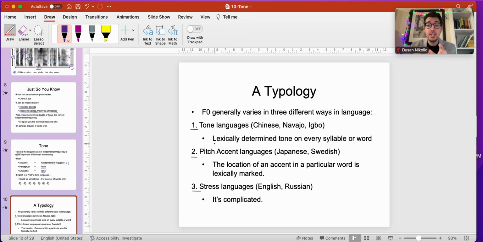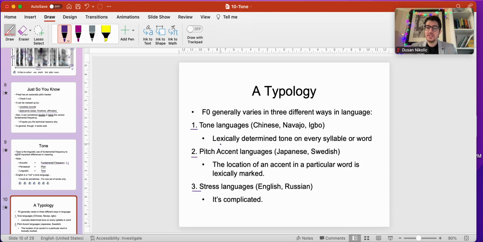In Chinese, Navajo, Igbo, and many other languages, actually the majority of languages in the world, tones are the ones that determine meaning, which means that you would produce words such as horse, horse, horse, horse. And these would mean different things. Let's say that's the word horse, right? And I'll show you in a second, right?